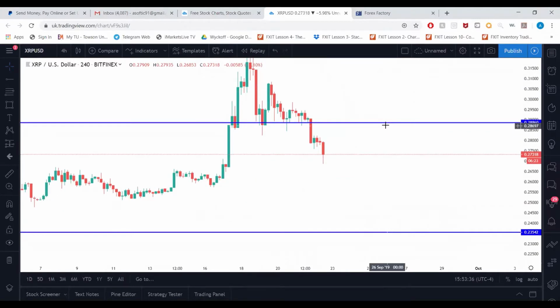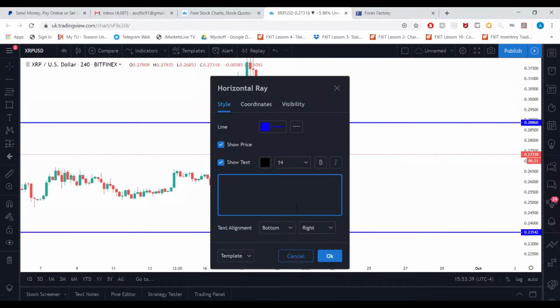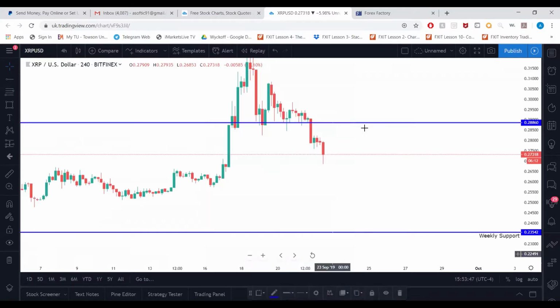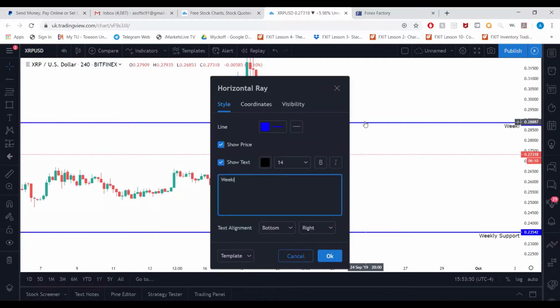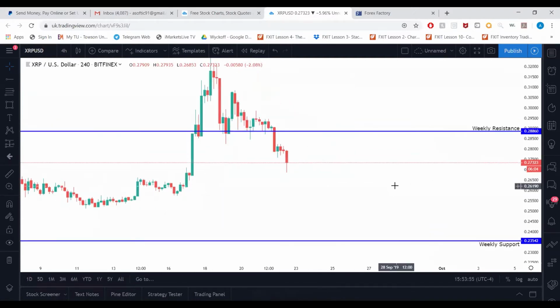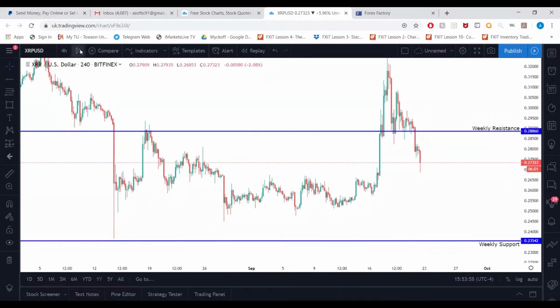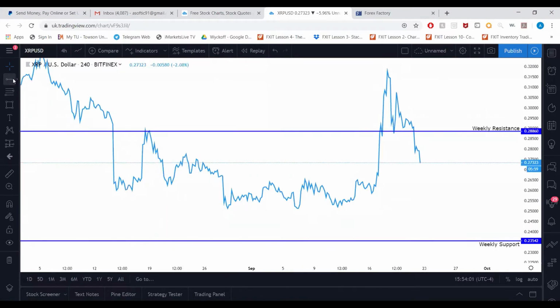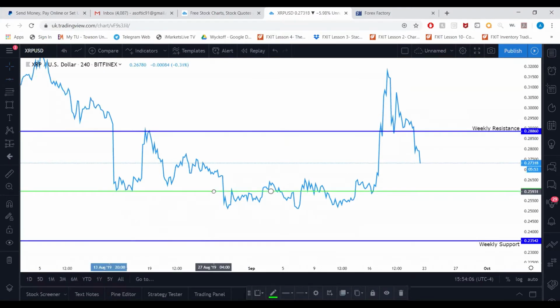All right, so this is the current zone we are in. And let's find the intraday support. Okay, like that.